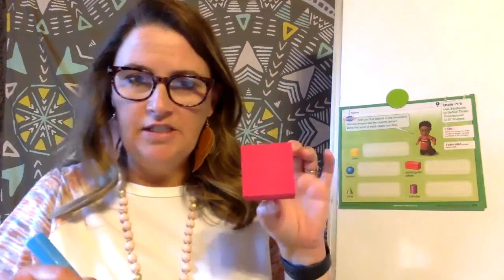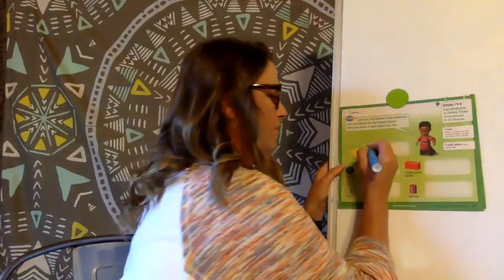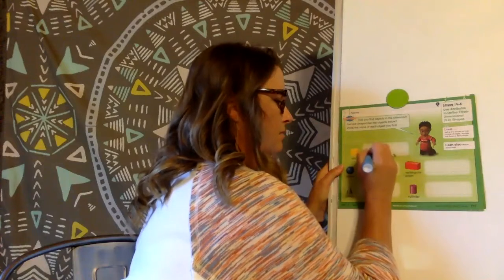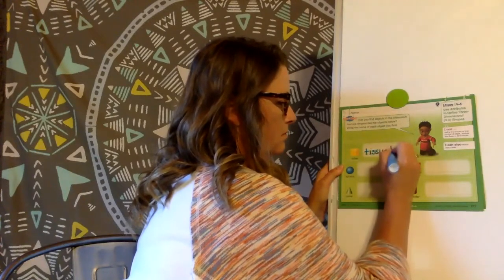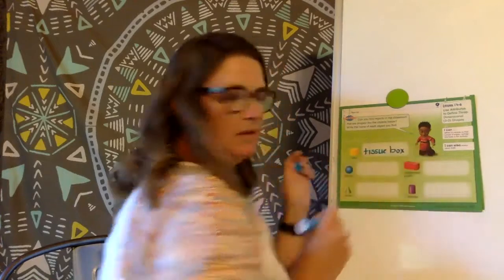If I had the sniffles, I might find something in my house that would help me that's in something shaped like this. Can anybody guess what I'm talking about? Okay. If you said a box of tissues, you would be correct. In my house, I have a tissue box that is shaped like a cube, okay?